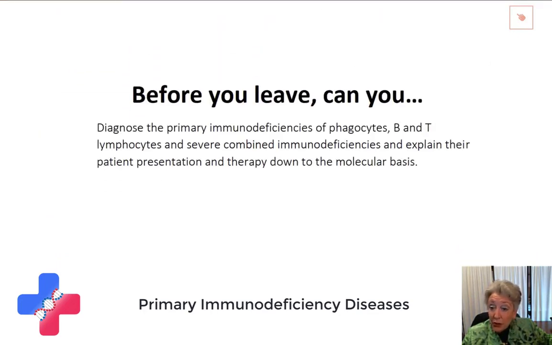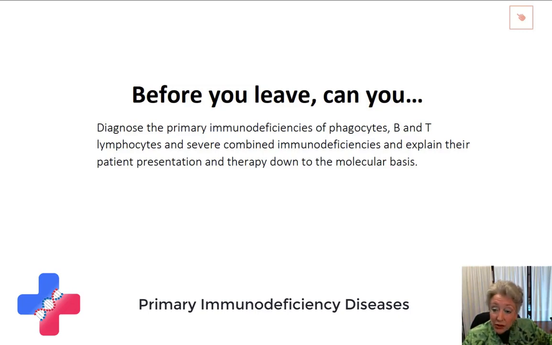I did not put a hashtag MMR in this chapter because it occurred to me that unless you really don't want to be a doctor, it should be fairly intuitively obvious why it's important for you to be able to identify these diseases. After all, that's why you're studying so hard to get past this exam. So I just didn't think it was necessary for me to point out the value of being able to diagnose the immunodeficiency diseases.